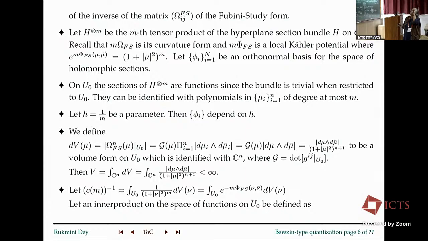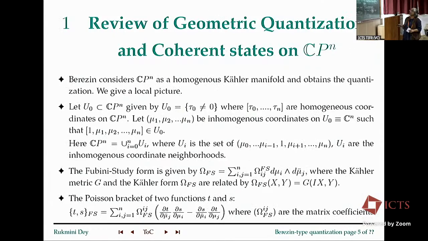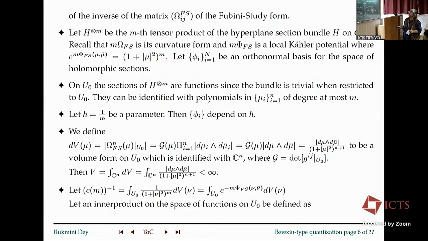This omega FS^ij is the inverse of the omega FS symplectic form. And then you know that the geometric quantization of CPN uses the hyperplane section bundle H on CPN, and sections of those form an orthonormal basis for the space of holomorphic sections.